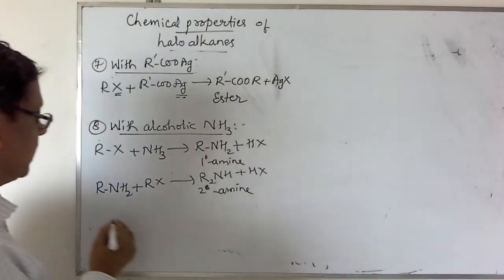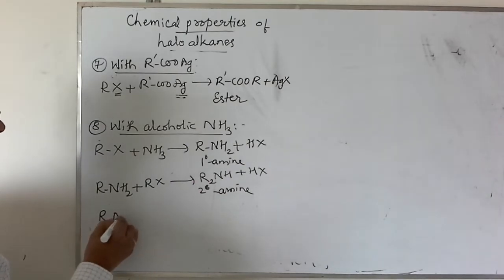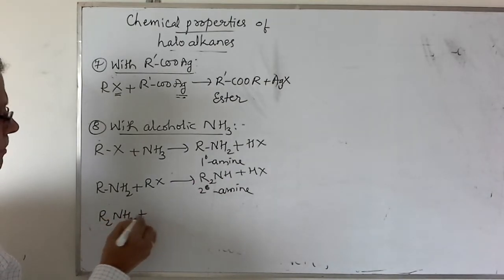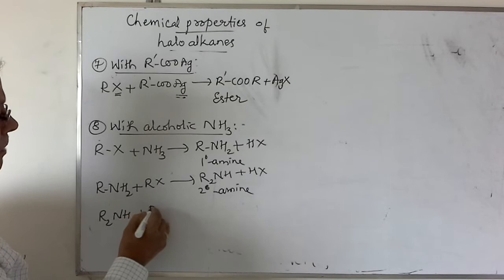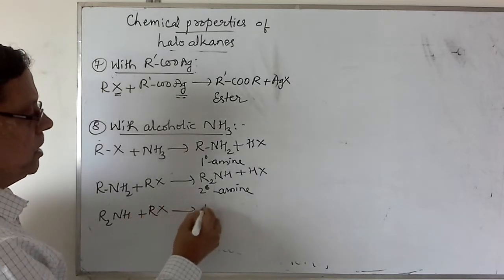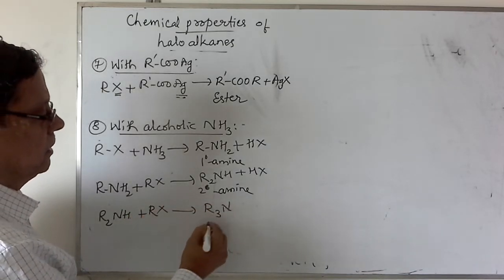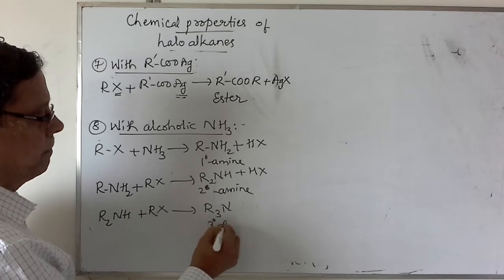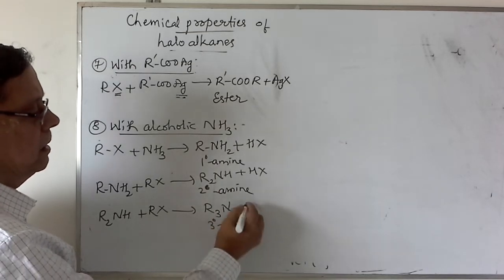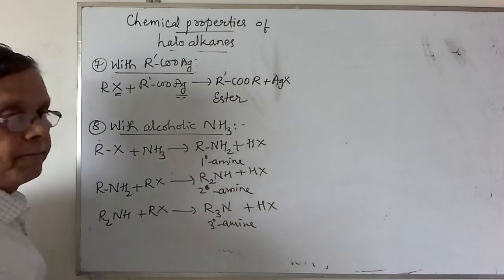The reaction further continues. If more alkyl halide is available, R2NH plus RX gives rise to R3N. This is called tertiary amine, along with this HX.